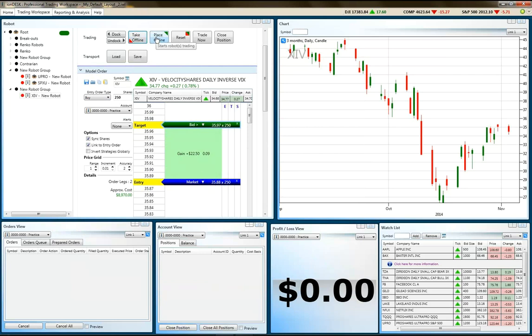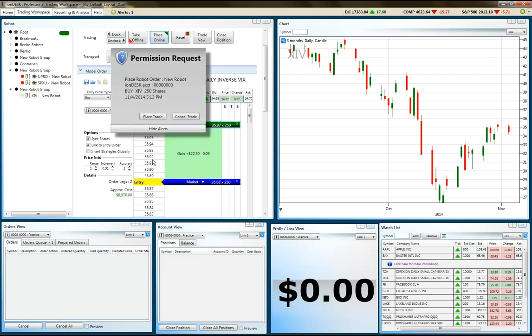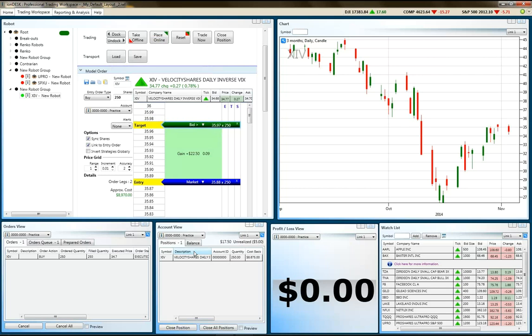Oh, we'll take it offline. Place it. Okay, so here's the permission, and we're giving it permission to place the trade, and it just placed it. So that would be after, like in the case where you had your strategy attached to it, it would wait until the strategy is true, and then you would get this.